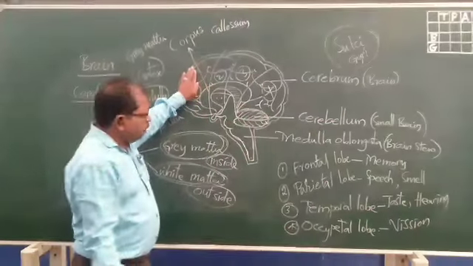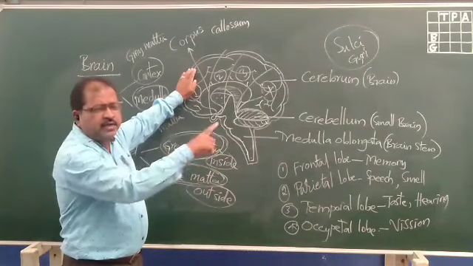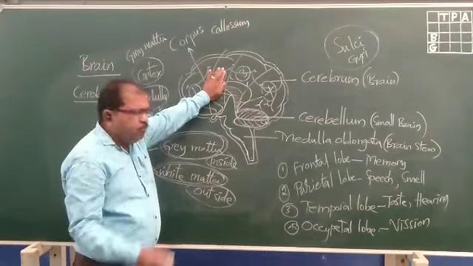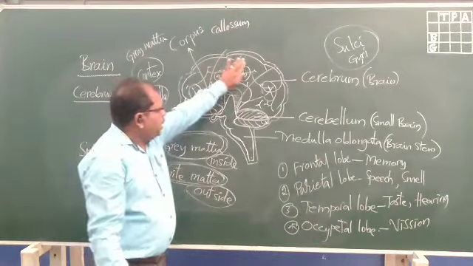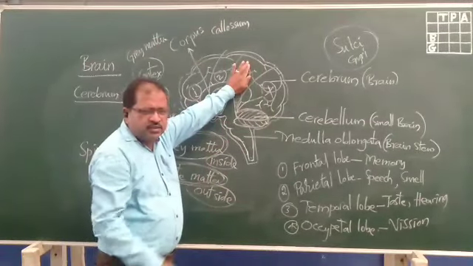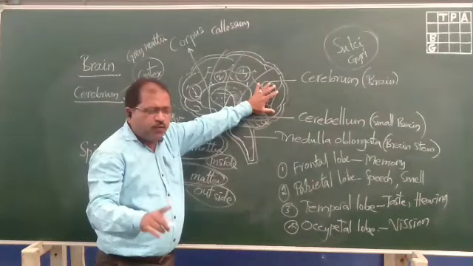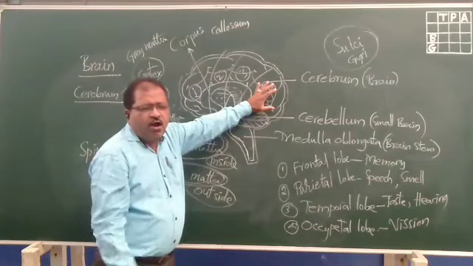The frontal lobe is for memory, reasoning, thinking and taking decisions. The parietal lobe is for speech as well as identification of smell. The temporal lobe is for taste as well as hearing sound. And the last one, the occipital lobe, is for vision, to see and identify objects.